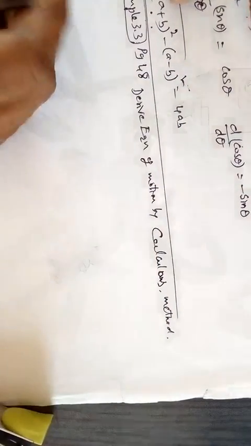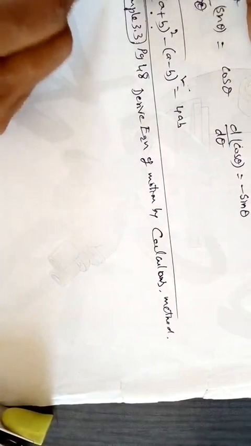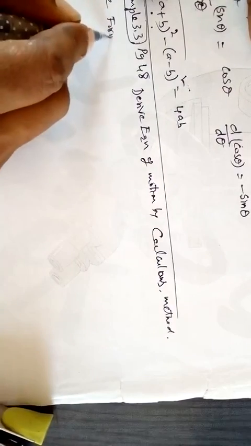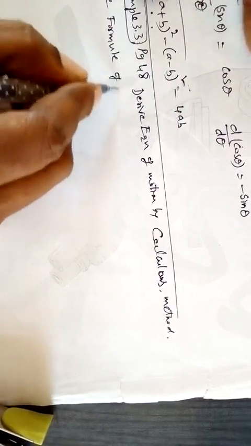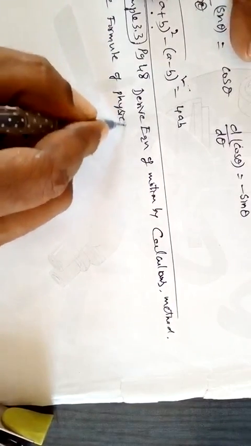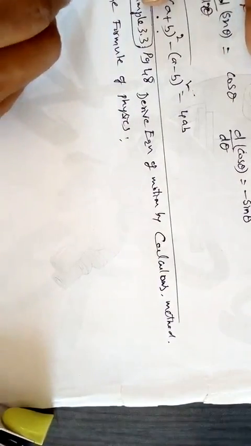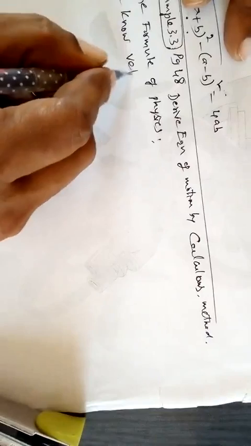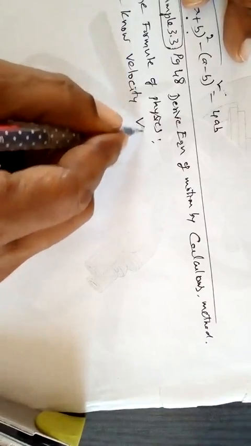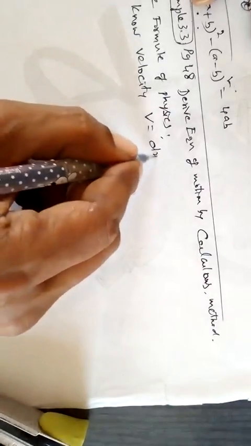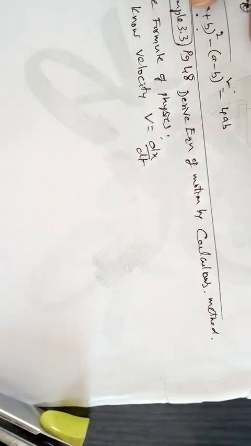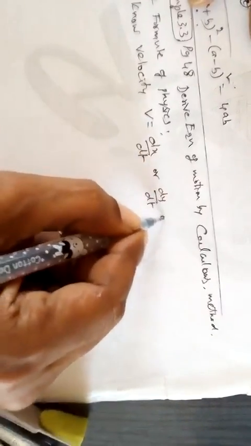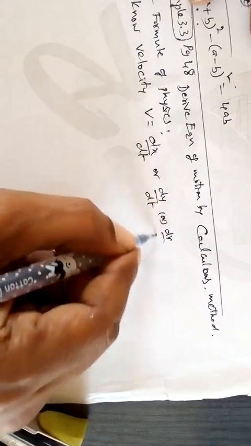Before that, we will learn some formulas of physics. We know velocity v is equal to dx by dt, or dy by dt, or dr by dt.